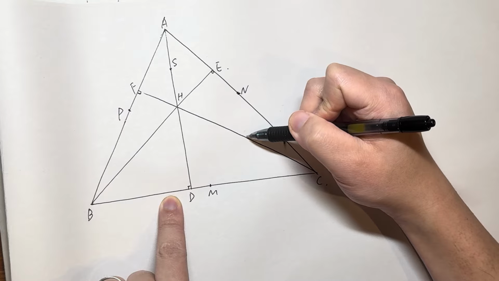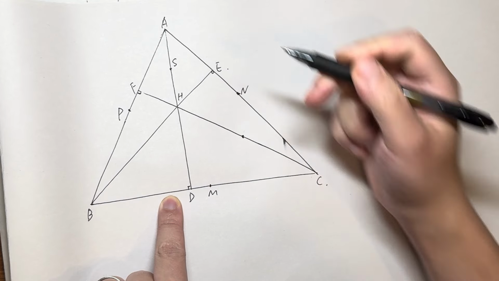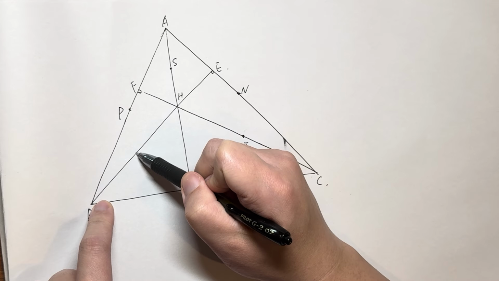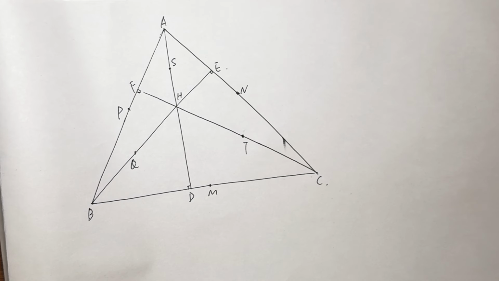And CH, we find the midpoint. This is midpoint, this is midpoint, so it should be in parallel with this AH, S, T, and also this one, Q. Okay?